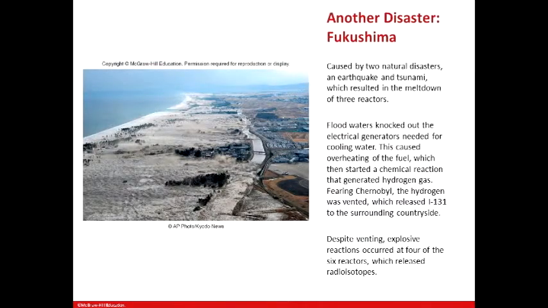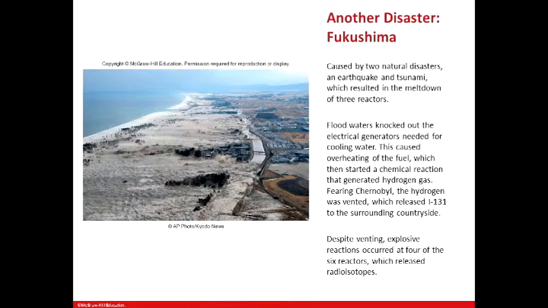This was caused by a natural tsunami, okay, a flood, which resulted in meltdown of 3 reactors. So the water knocked out the electrical generators needed for the cooling water. So what happened? You have this superheat coming at you, superheated steam, okay?